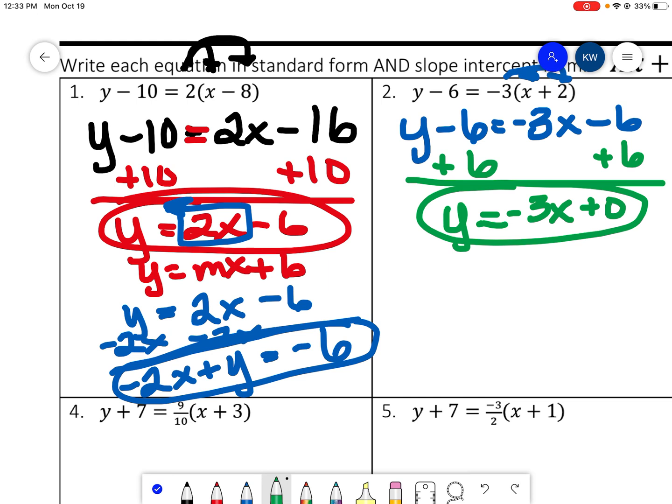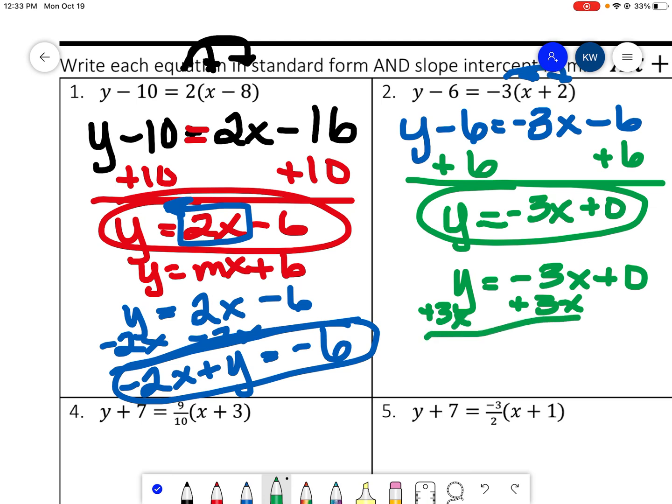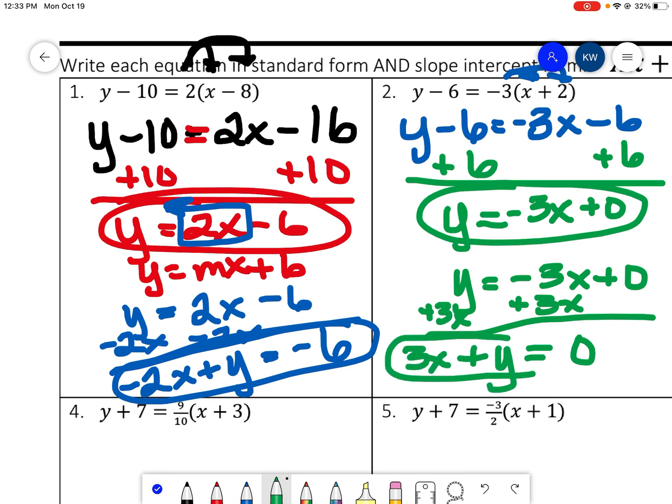Now the last step to put it into standard form is to move the x term to the left. Now why did I leave this plus 0 here? Well, when I move my x term to the left, I need to remember that there's something after this equal sign, and it's 0. And here's my standard form.